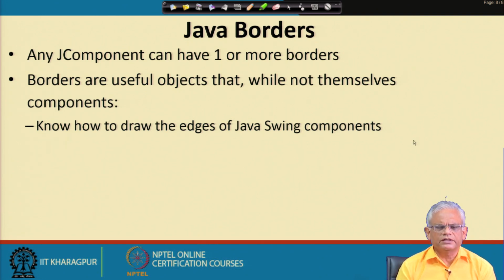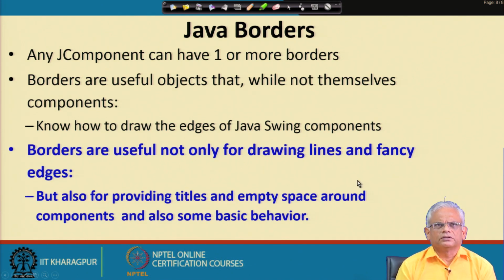The borders themselves are not components, but they know how to draw the edges of the Java Swing components. The borders not only draw a line and fancy edges around the Java Swing component, but also provide a title to a component, and also some empty space around the component and also some basic behavior.